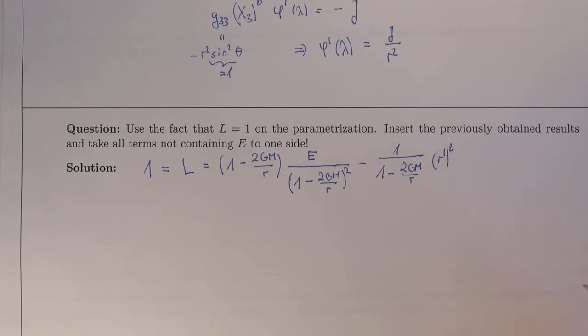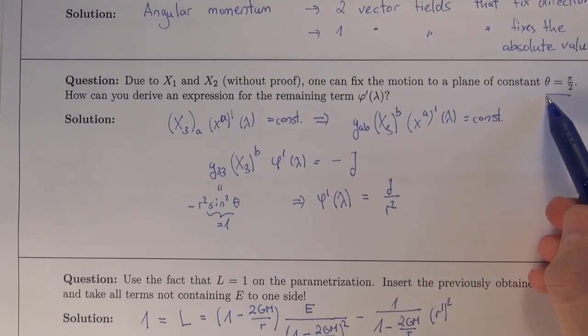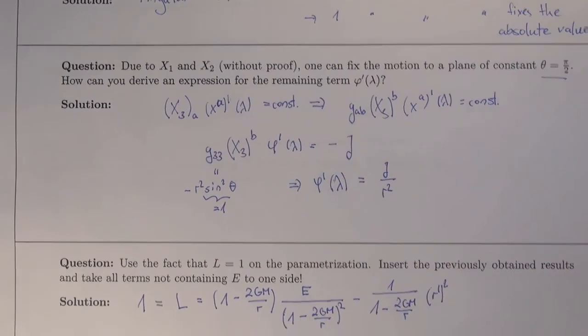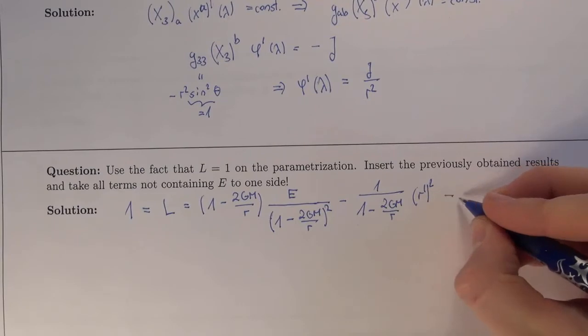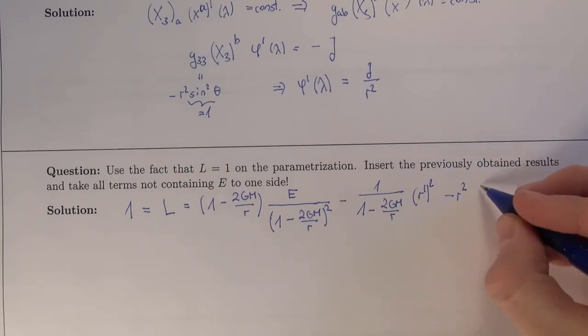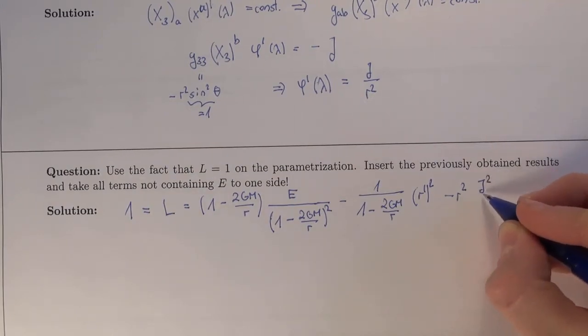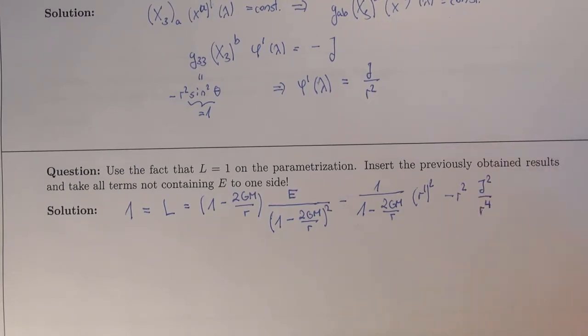We can't substitute anything in here since we have no conserved quantity for r prime. However, in the next term, which would be theta prime, we know that this term vanishes since we have our motion in a plane of constant theta. And the last term contained phi prime. Well, we just found a formula to replace this phi prime. So phi prime squared is just J squared over r to the 4th power.